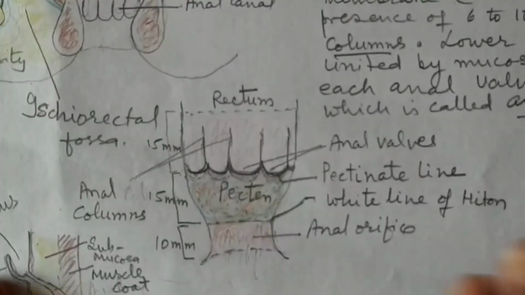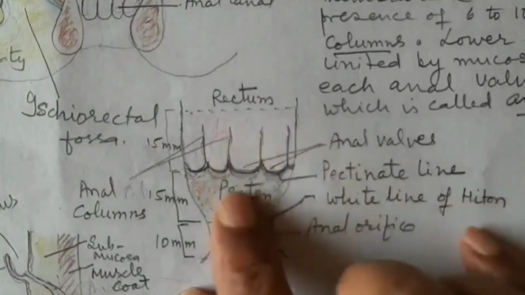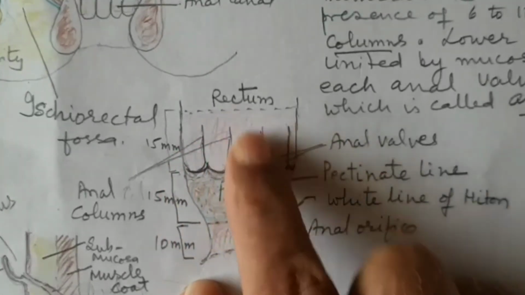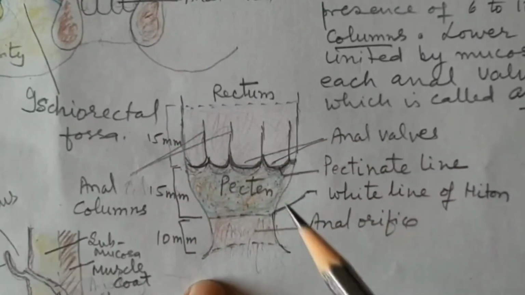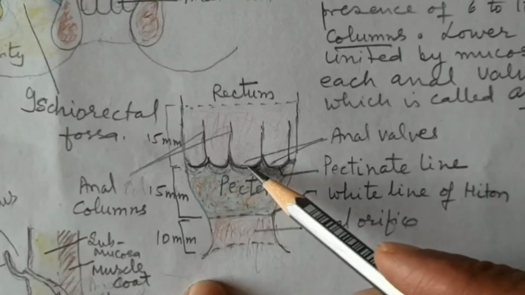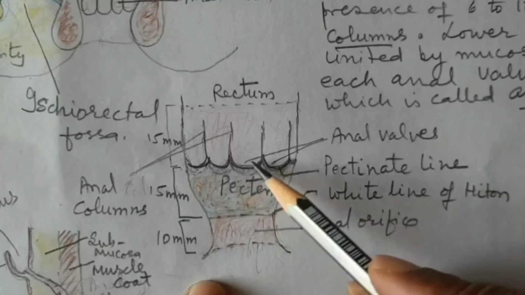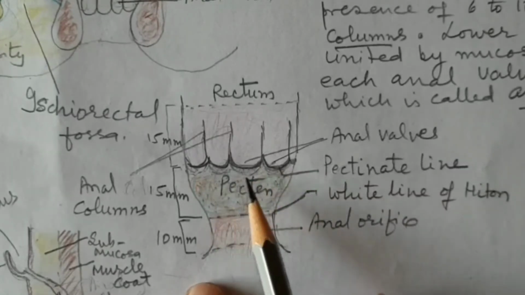Now coming back to these diagrams, after learning the first 15 millimeter, that is the upper part, let us come to the lower 35 millimeter part, right up to the anal orifice from this position of the valve.